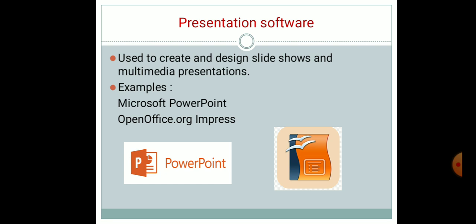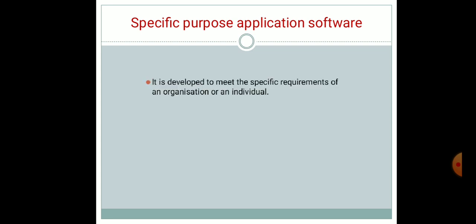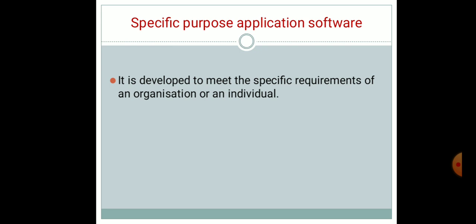Let us move on to specific purpose application software. So we know general purpose means a large number of people require that kind of software. Here, this specific purpose application software is developed to satisfy the specific requirements of an organization or an individual.